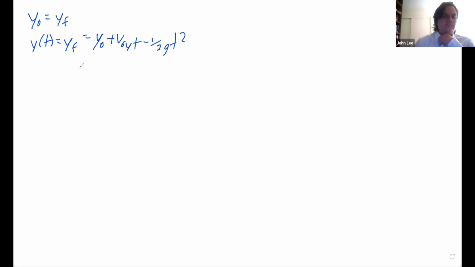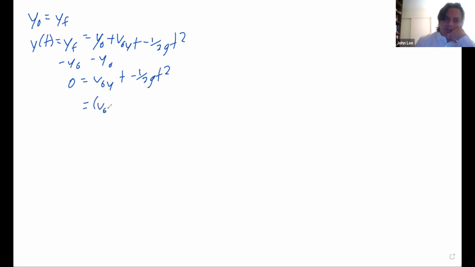Then y final equals y initial, so subtract y initial on both sides. So 0 equals v naught y t minus 1/2 g t squared, which equals t times v naught y minus 1/2 g t. Divide by t on either side; 0 divided by t is 0.